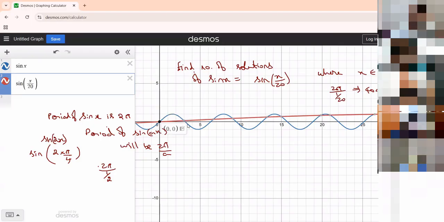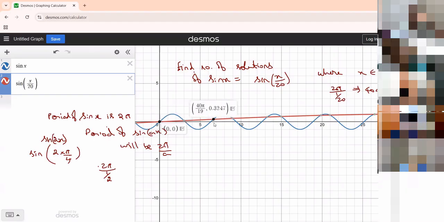You just think about your sin x graph at first. This is 0 to pi, then pi to 2 pi. This blue graph, I'm asking you to think about the blue graph. How many half cycles will be above the x-axis? How many half cycles will be below the x-axis? There will be 20 above. Yes, there will be 20 half cycles above, 20 half cycles below, isn't it?